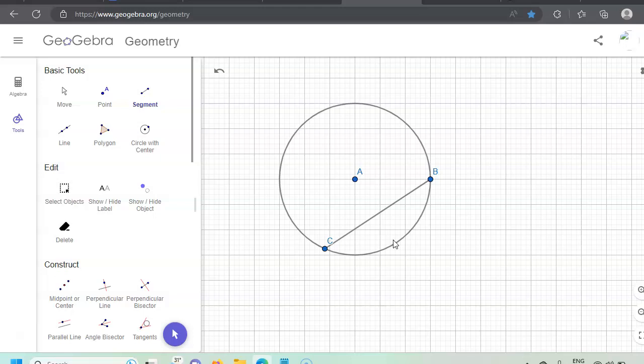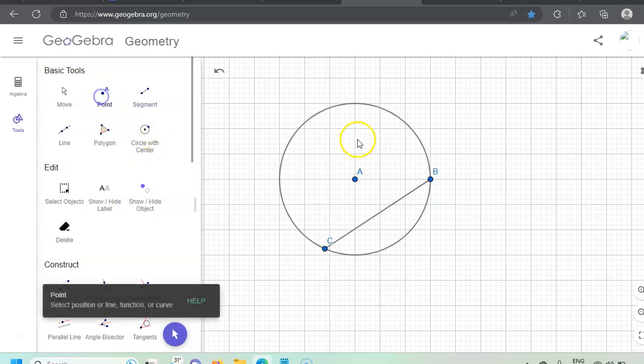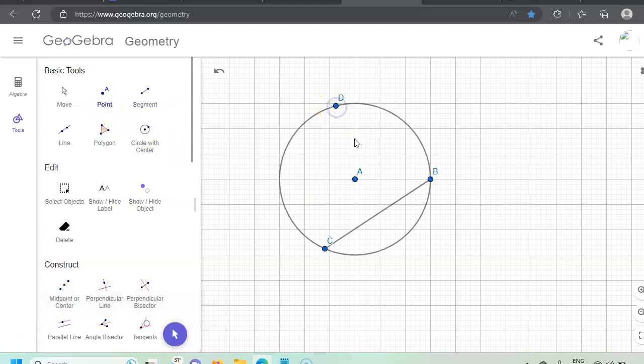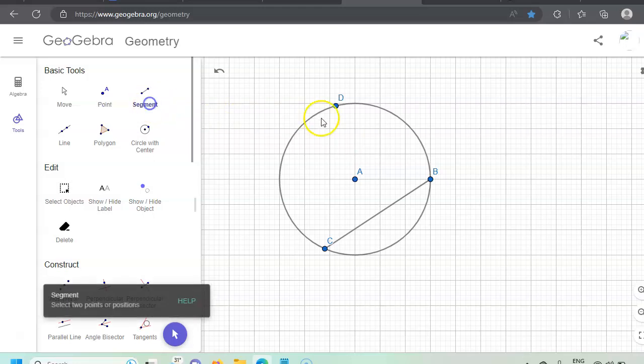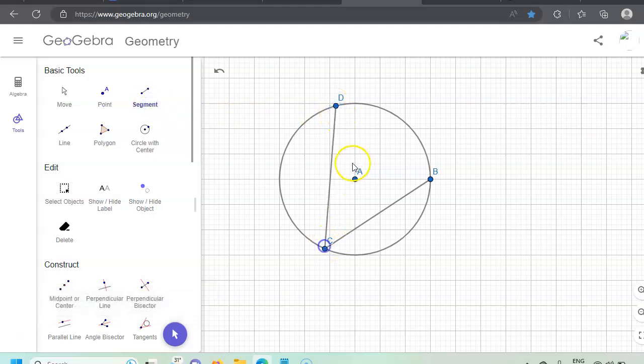So for this theorem, we are going to create an angle at the left side of the chord. How? We are going to create a point at the left side of the segment. So that's D, and then we are going to connect D with C, and then D with B.